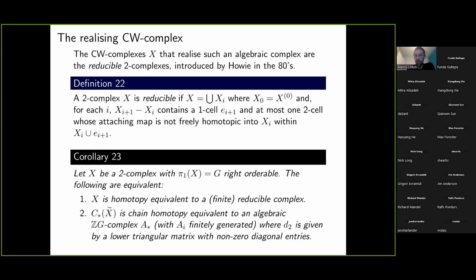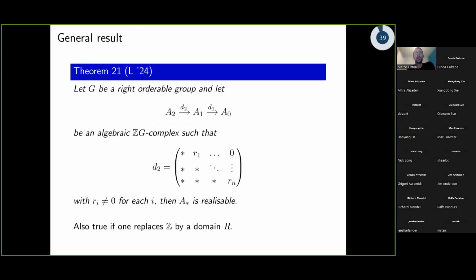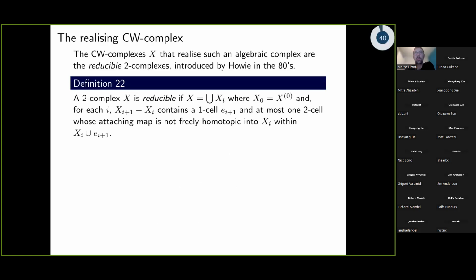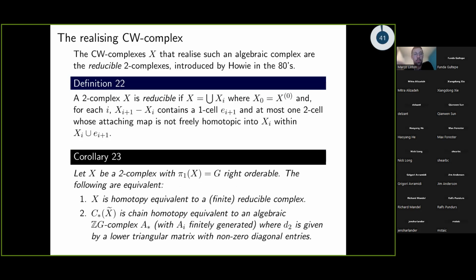I should also mention that although I don't want to give a technical definition, this theorem is also true if the matrix is not finite. You need to change the definition appropriately, have some infinite matrix, and then this would allow you to detect whether your CW complex is homotopy equivalent to an infinite reducible complex.